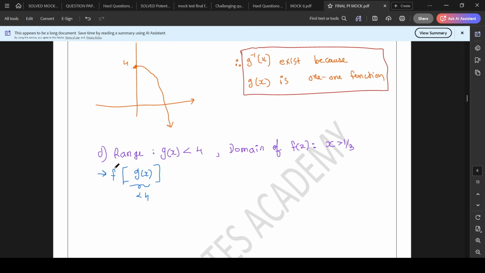And when the function f becomes invalid, it becomes invalid for x less than or equal to 1/3. So if f is going to receive any inputs that are less than or equal to 1/3, the function is not going to show any kind of outputs, and therefore fg(x) does not exist. Now if you ask me what's going to happen between 1/3 and 4 for this value of g(x)?